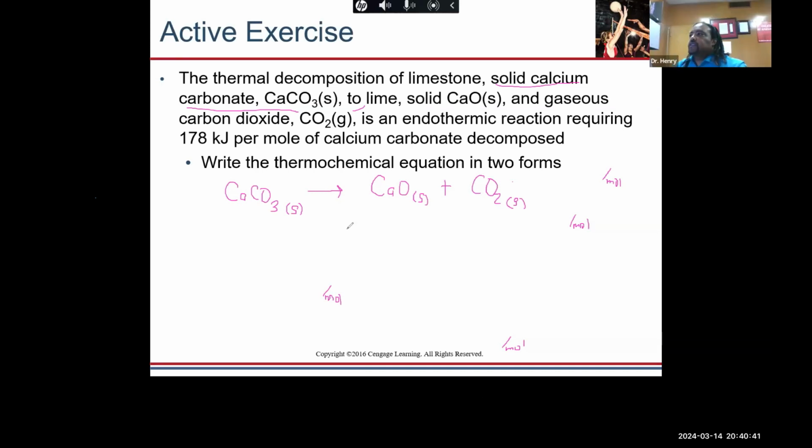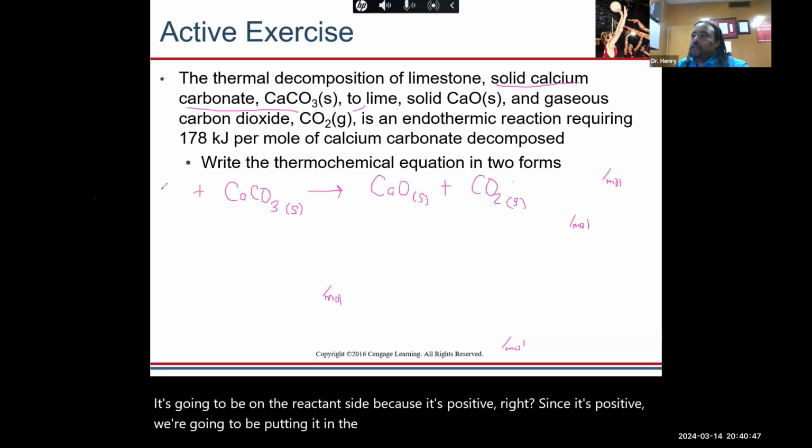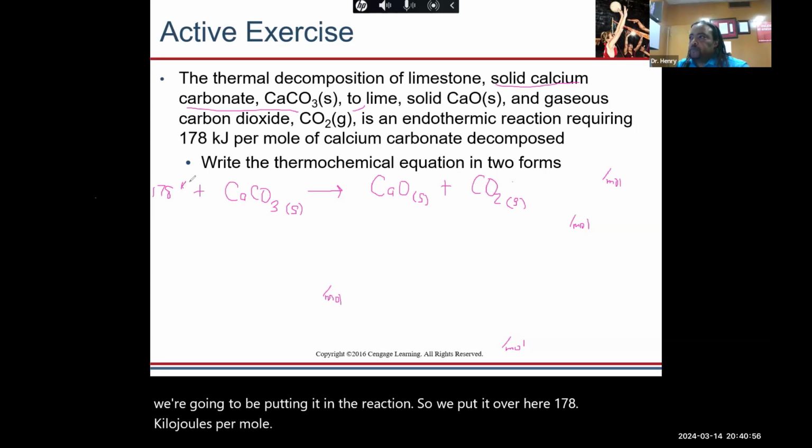It's going to be on the reactant side because it's positive. Since it's positive, we put it in the reaction. So we'd put it over here, 178 kilojoules per mole.